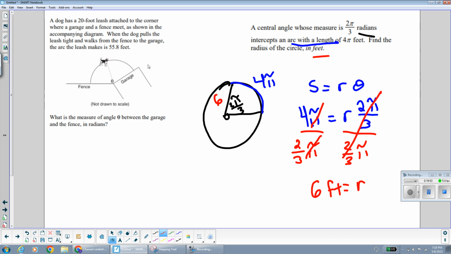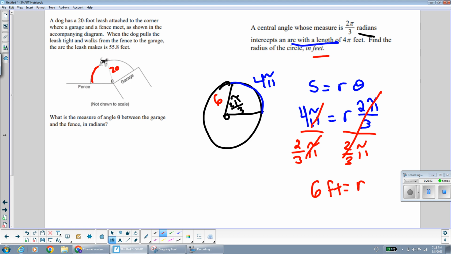And taking a look at this one over here, a dog has a 20-foot leash attached to the corner where a garage and a fence meet. So here's the leash attached to the corner, and that is a 20-foot leash. So that would be the radius here. When the dog pulls the leash tight and walks from the fence to the garage, the arc the leash makes is 55.8 feet.